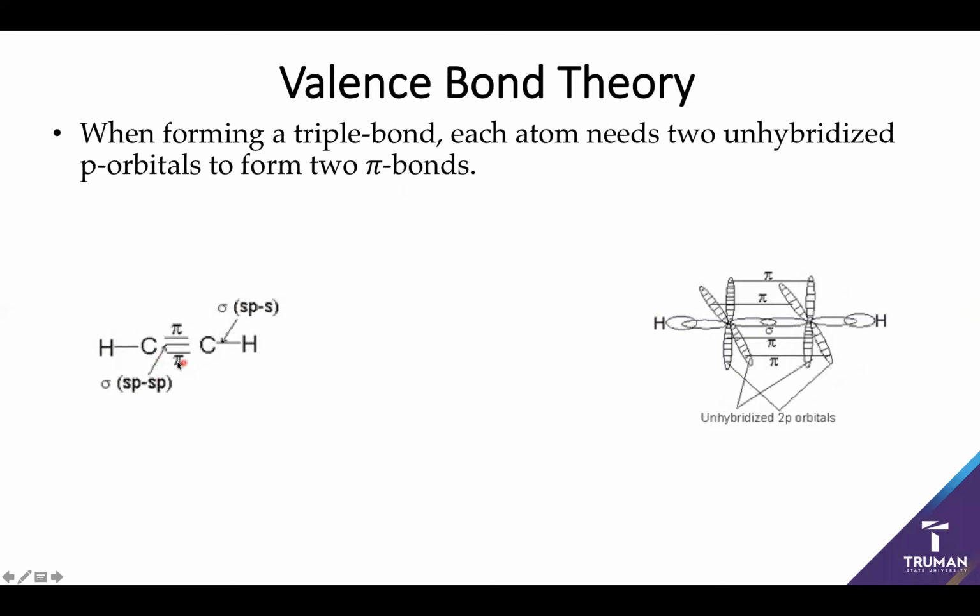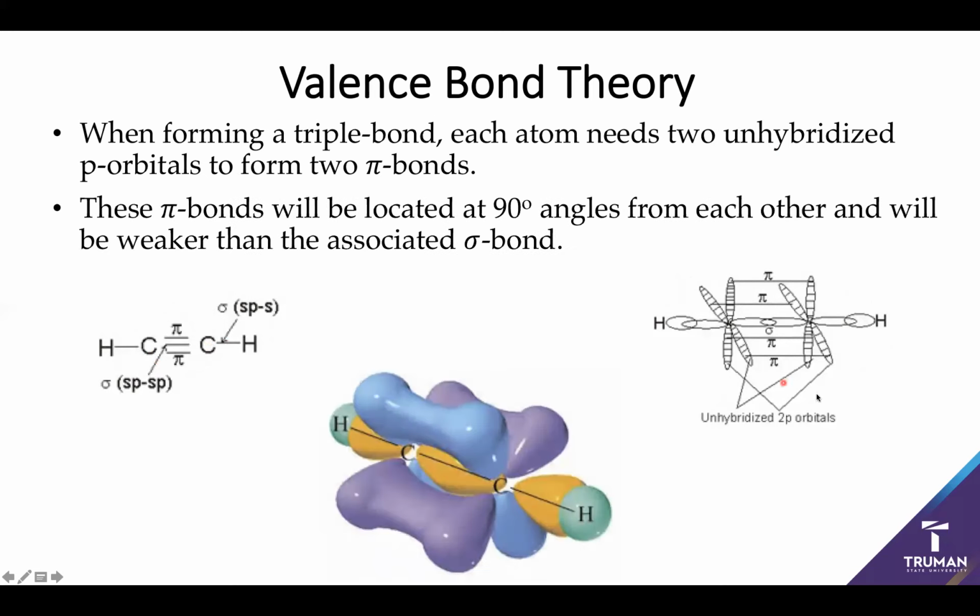And when I've got this sp hybridized atom, this means I've got two unhybridized p orbitals. And these can usually overlap with two unhybridized p orbitals on an adjacent atom to form two different pi bonds. So these two pi bonds will be at a 90-degree angle from each other.